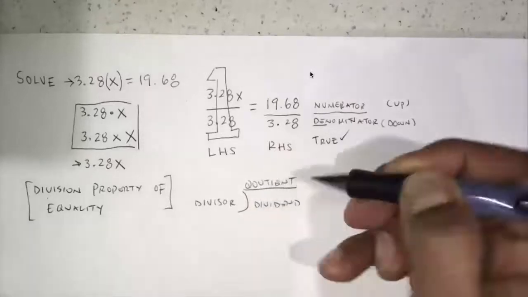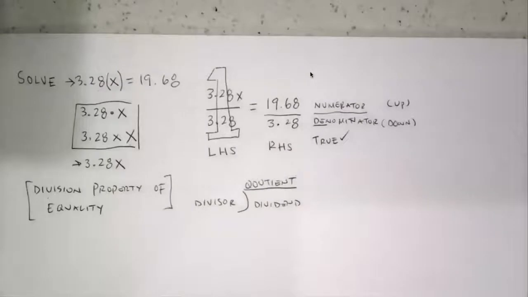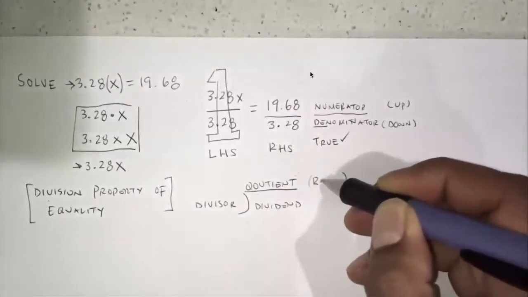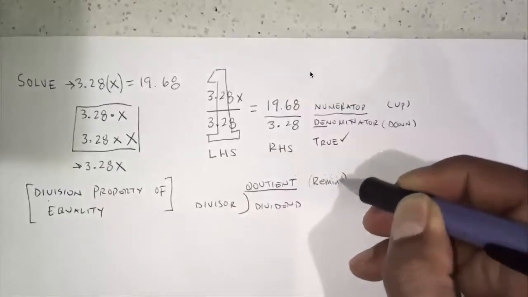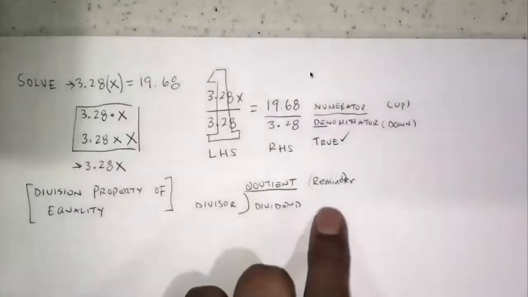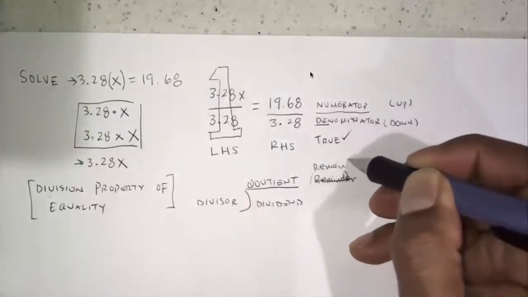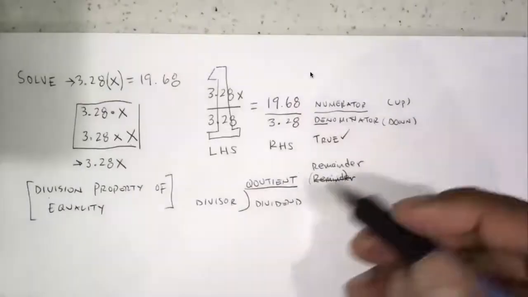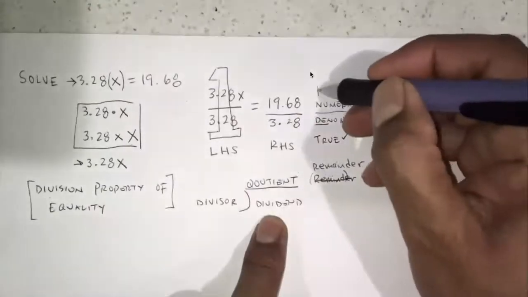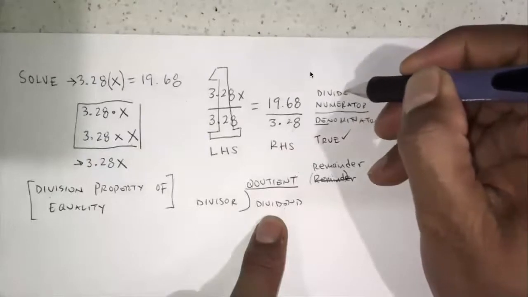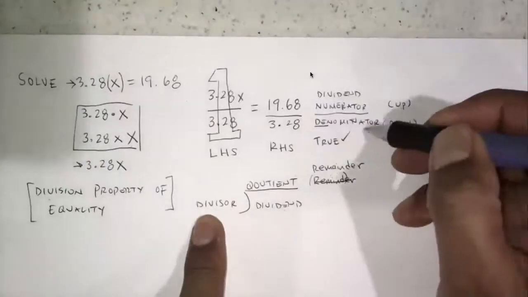These are the parts of the division. And somewhere over here you'll remember your remainder. I misspelled it. Remainder. So where's the dividend? Where's the divisor?